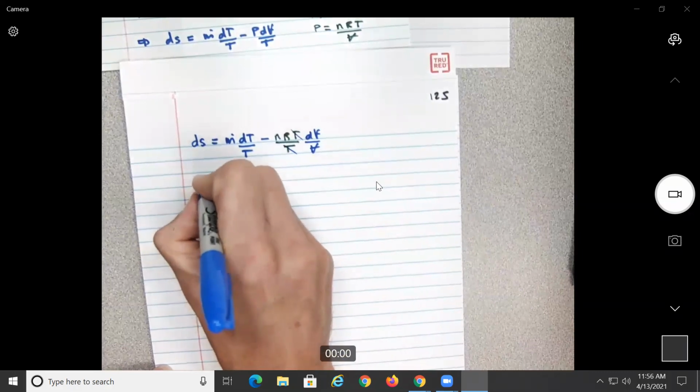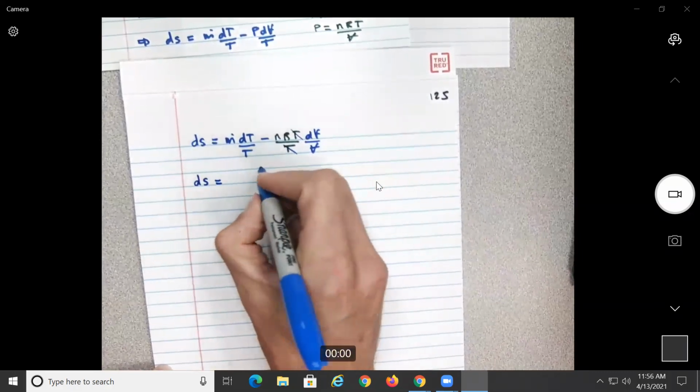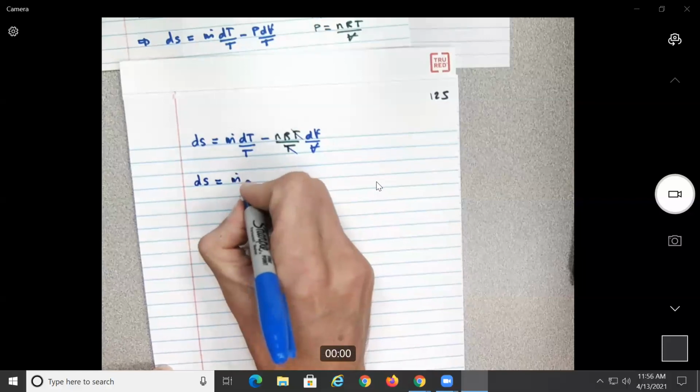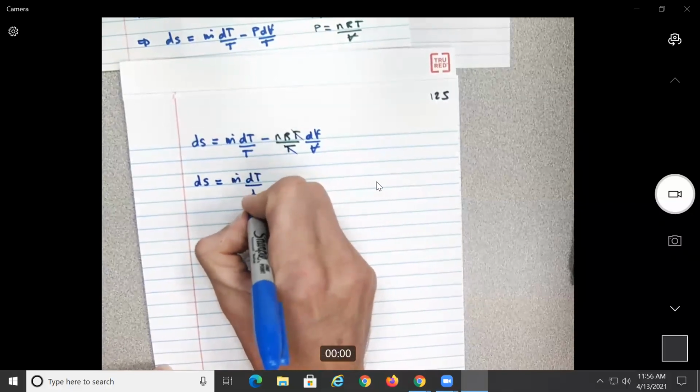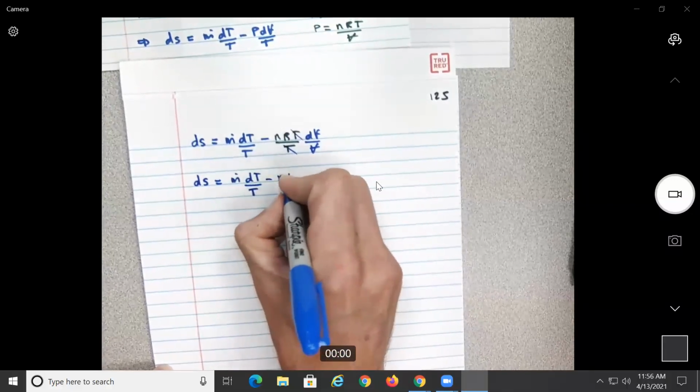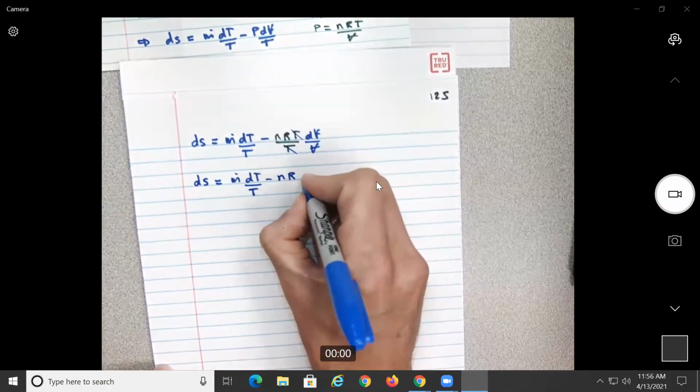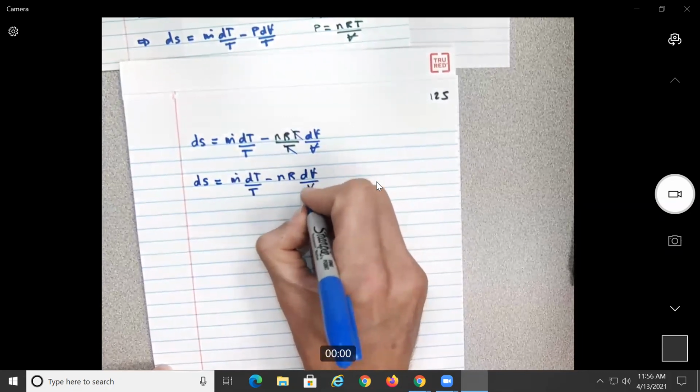So the change in entropy will be equal to m dot dT over T minus nR dV over V.